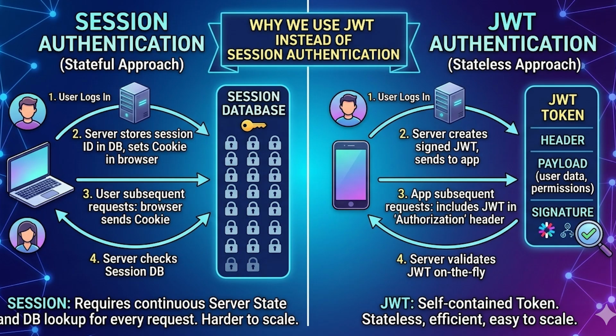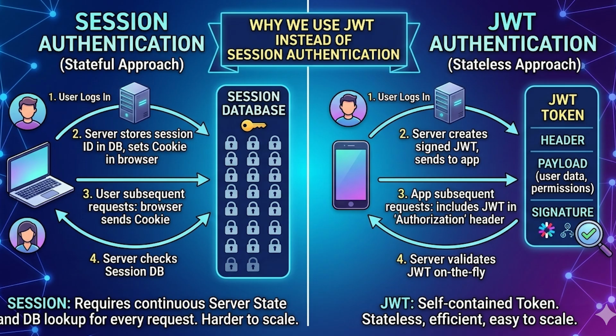The answer is, session stores the data on the server, but the JWT token stores the authentication detail, or you can say the claim detail, the user identity detail, inside the token itself. The advantage of this is that the JWT token is stateless. When you send the JWT token with each request, every time it is considered a new request, and the API doesn't need to remember anything.